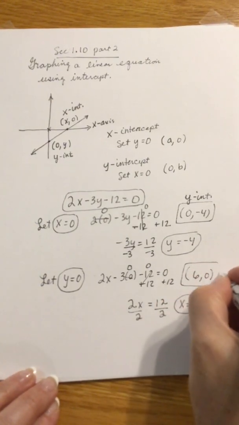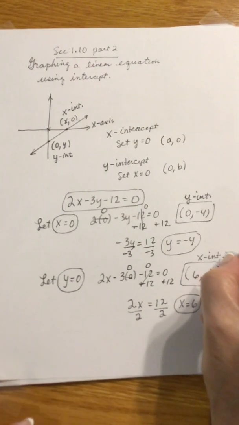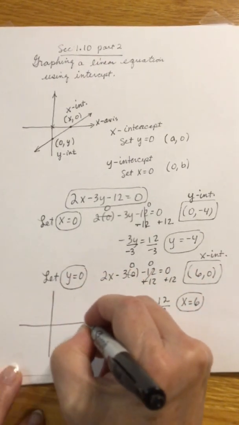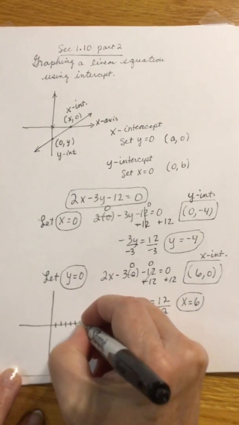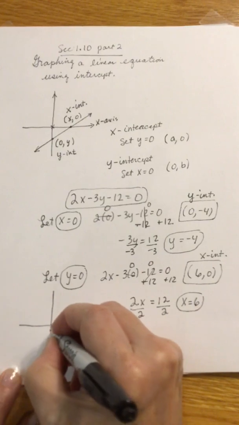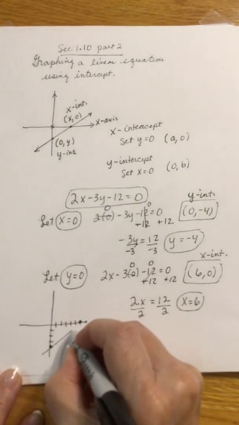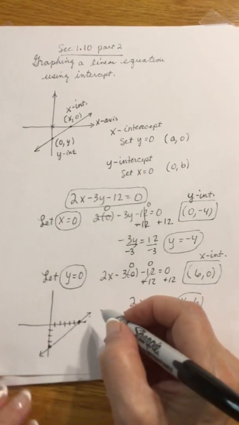So this would be my x-intercept. So we graph those 2 points on the coordinate plane, 1, 2, 3, 4, 5, 6. 1, 2, 3, 4, and we connect the two dots. So there is graphing a linear equation using the intercepts.